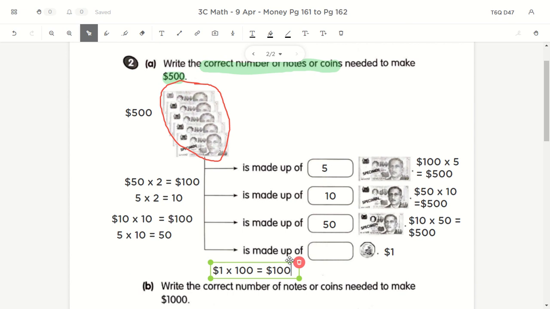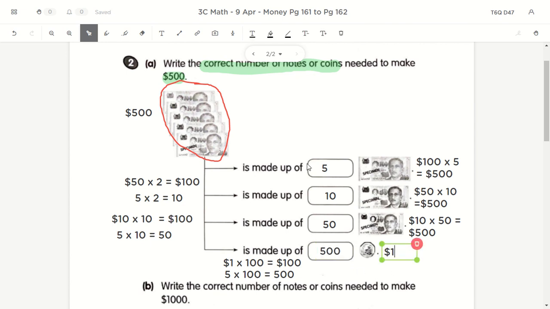So if we use the pattern we learned just now, there are 5 groups of $100 in $500, and there are 100 $1 coins in each $100. So 5 times 100 will give you 500, and therefore the answer is 500.